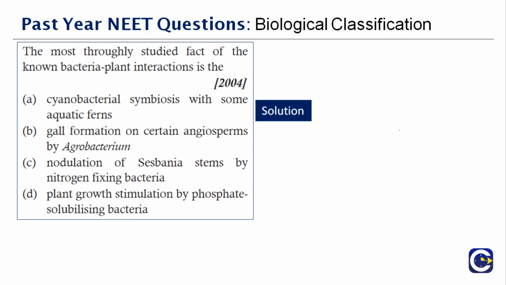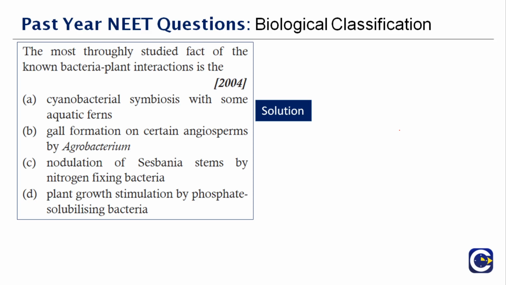You would have commonly heard about Agrobacterium tumefaciens, right? The gall formation. What does this gall formation do? Have you ever thought about it? Agrobacterium tumefaciens forms galls in the roots. This is a very commonly studied one.